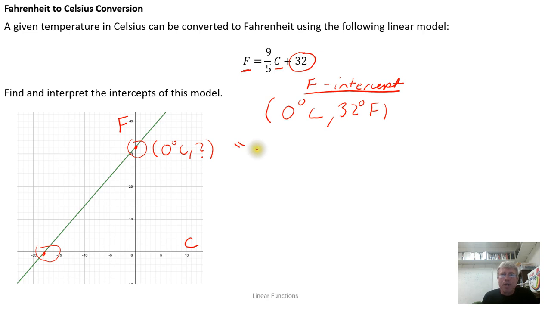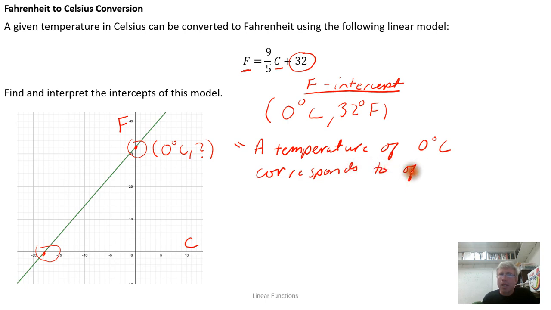So for example, we could say that a temperature of 0 degrees Celsius corresponds to a temperature of 32 degrees Fahrenheit.